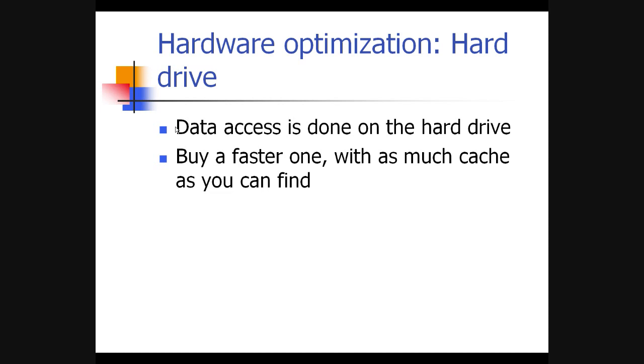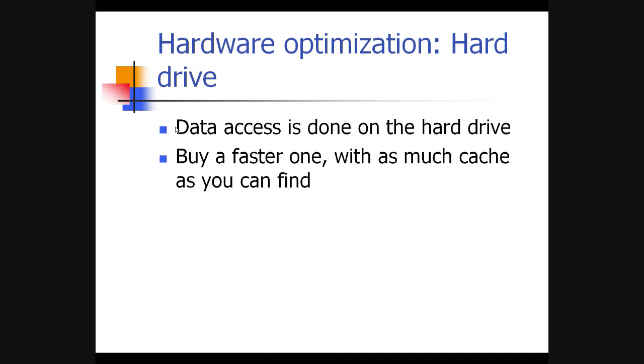You can have a tremendous help from that system. The cache part is extremely important too, because only the first time the data is accessed will you have the hard drive really reading on the hardware itself. After that, that data is available in the cache.